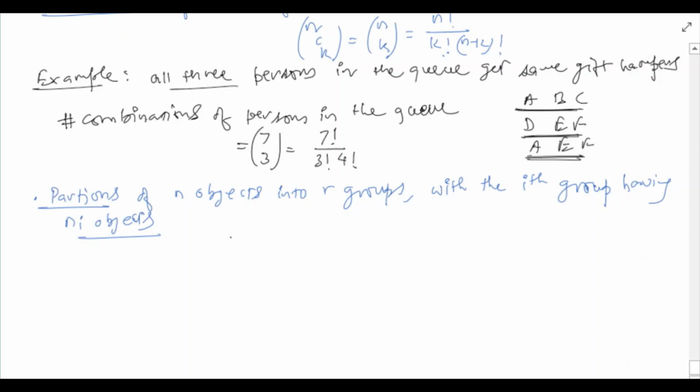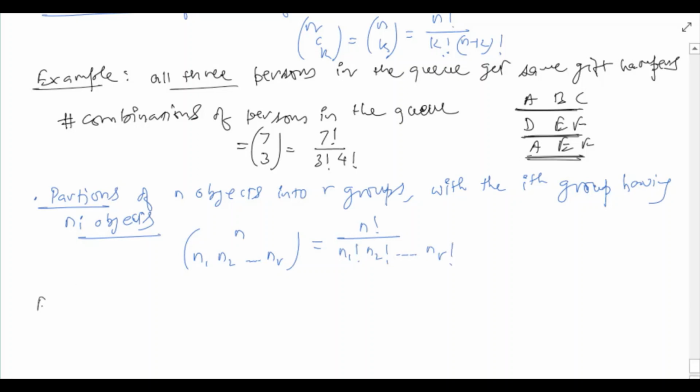The number of possible partitions is denoted by the following symbol: n; n1, n2, ..., nr in brackets, and it equals factorial n divided by factorial n1 times factorial n2 times ... times factorial nr.